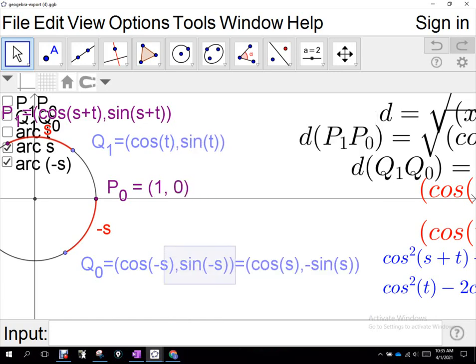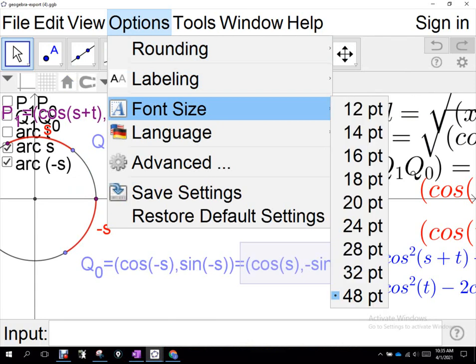If we go sine of negative S, we have an even-odd property that says that that is the same thing as the opposite of sine of S. So writing our ordered pair this way, because the S is now a positive value, is better for us than writing it that way. And you'll see why here in a little bit. So we're just going to reestablish that ordered pair as those two values.